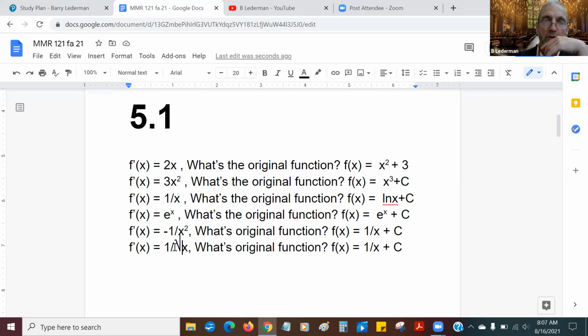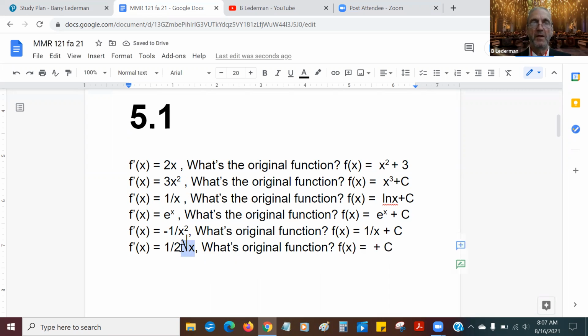The 1 over 2 square root of x. The original function, as you guys probably remember, what is it? Anybody remember? It is, drumroll please, square root of x plus c.